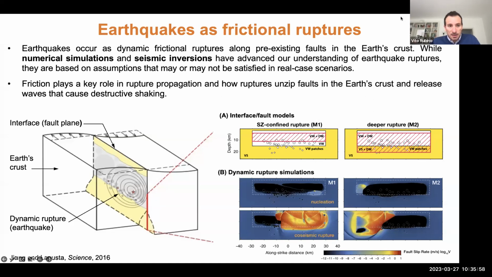Another point is that friction is a key ingredient, both in the numerical simulations that are used to understand earthquakes and in the physics that controls how rupture propagates and how ruptures unzip faults in the Earth's crust and release waves that cause destructive shaking. And yet friction is one of the least constrained variables in earthquake mechanics.